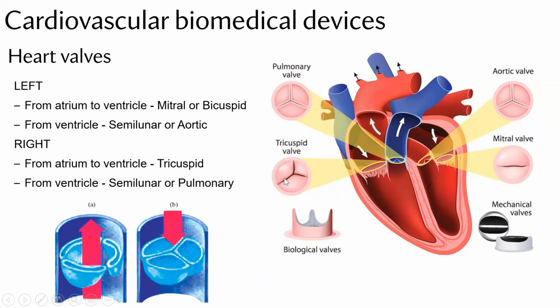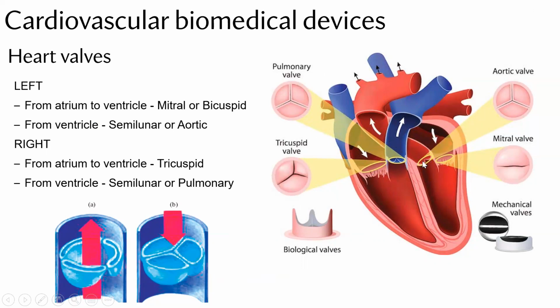One is the tricuspid valve that connects the right atrium to the right ventricle, bringing blood from the circulation into the right ventricle. And one is the mitral valve, which connects the left ventricle to the circulation through the aorta. And what happens in this case is it's a bicuspid valve. In other words, it has only 2 leaflets rather than 3.